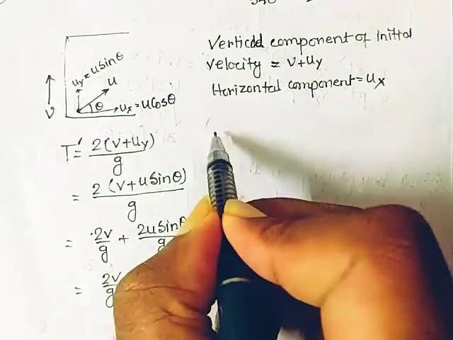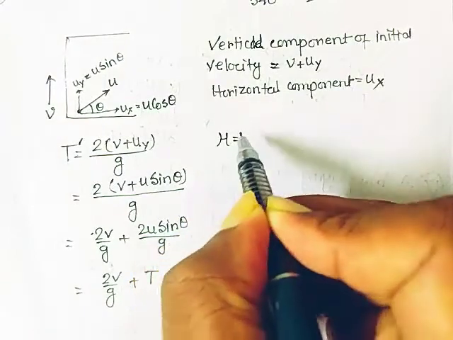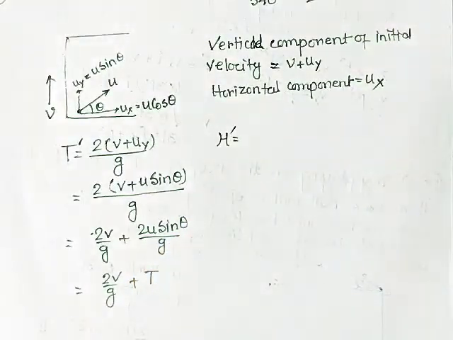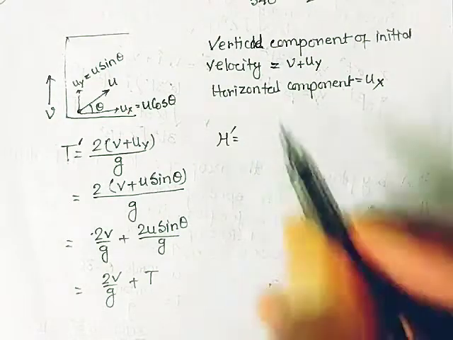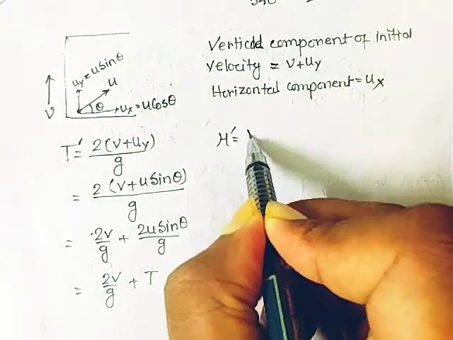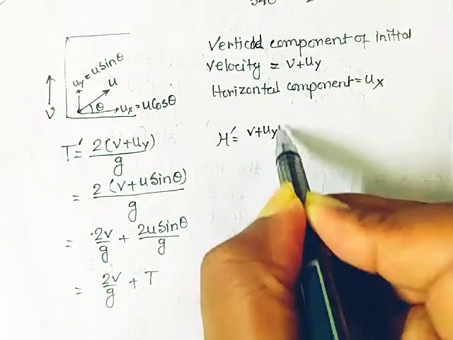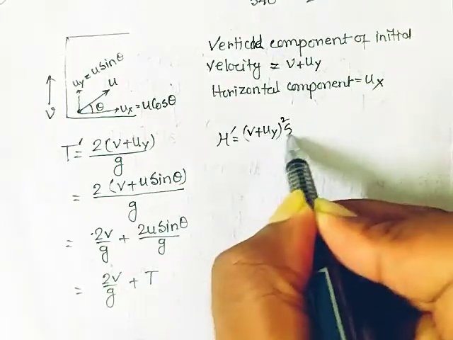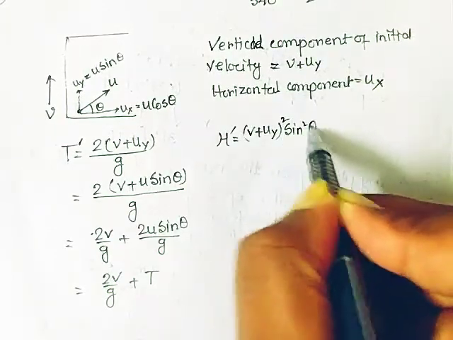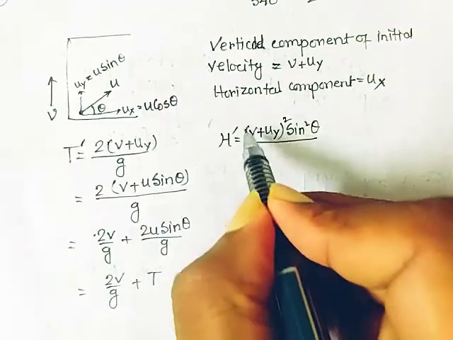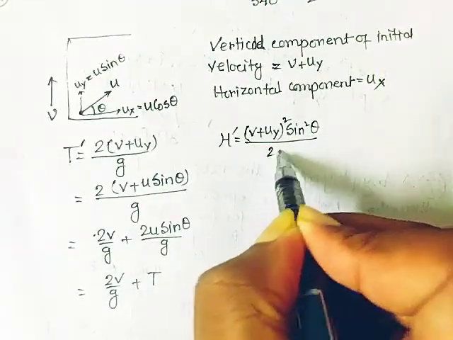For the maximum height, since it is moving upwards, I call the value h prime. So h prime equals (v plus uy) square, sine square theta, divided by 2g.